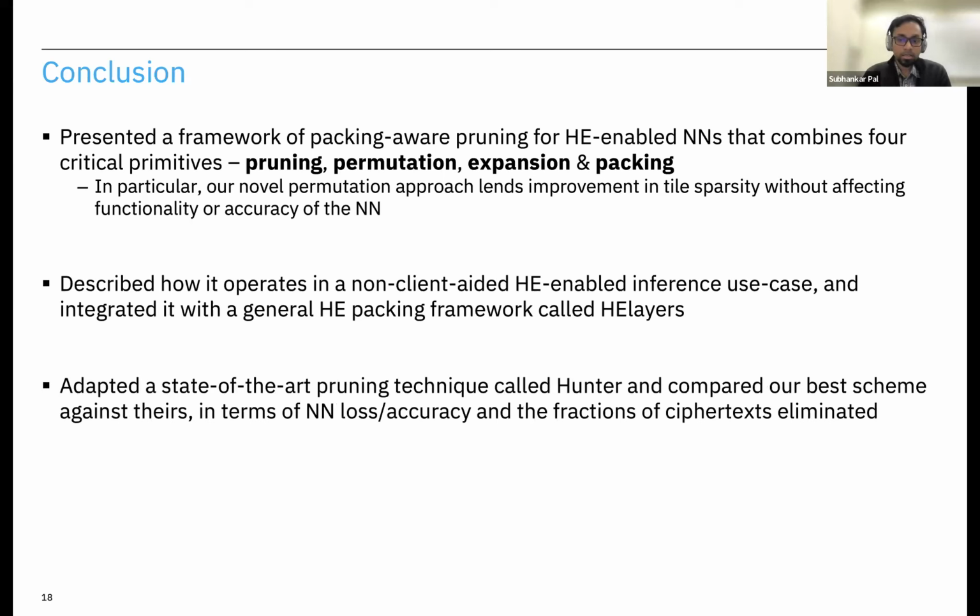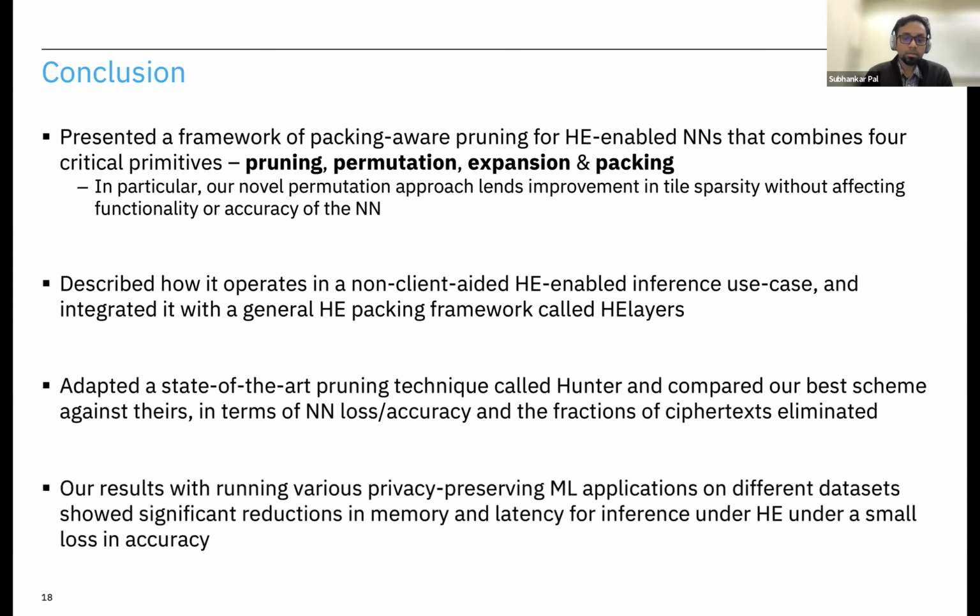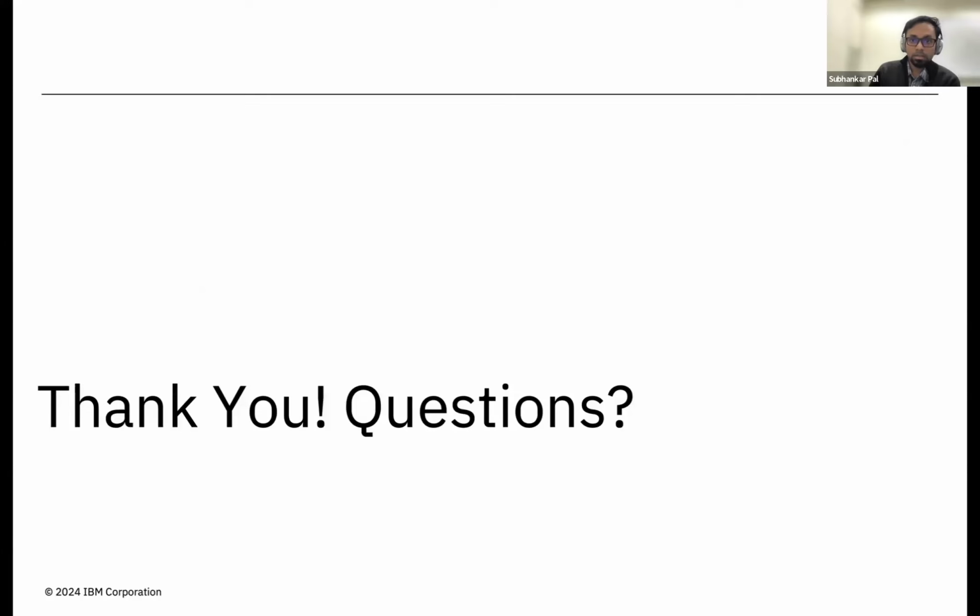We compared against a technique called Hunter and showed benefits in terms of neural network accuracy and fraction of ciphertext eliminated. And we showed a bunch of PPML applications with different datasets to show that we can support a wide set of applications with this set of steps. And that's it. I'm done and happy to take any questions.